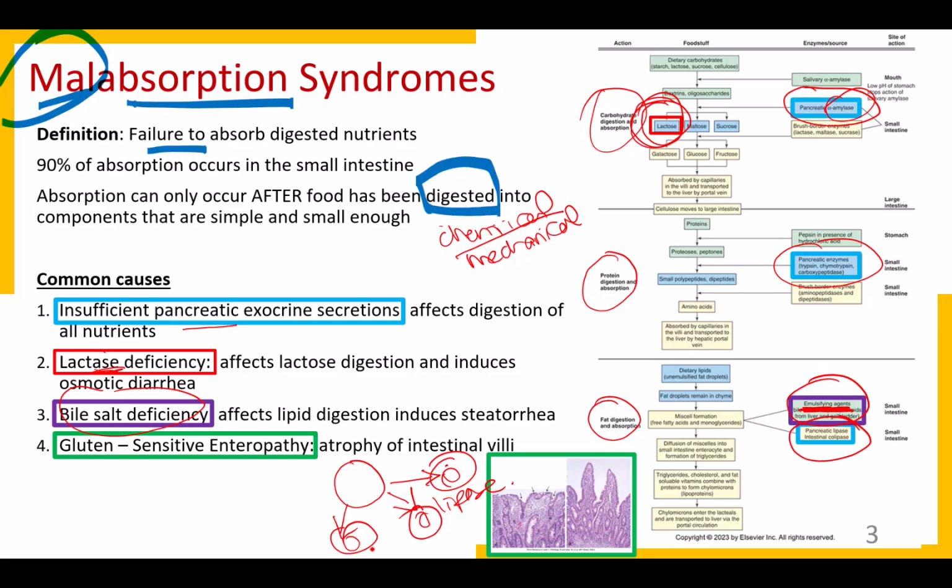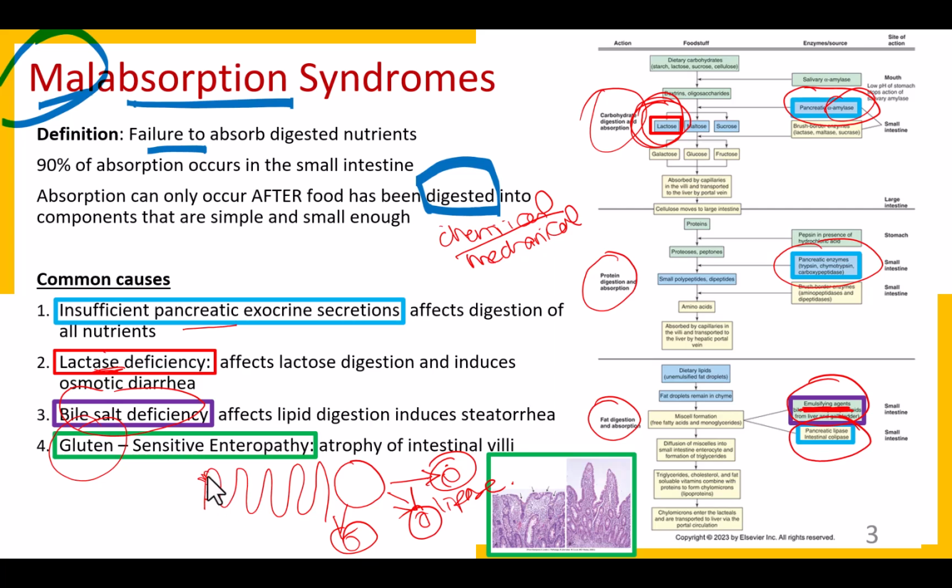Fourth thing is gluten-sensitive enteropathy. So again, it's sensitivity to gluten that's found in a lot of wheat products, and it causes the intestinal villi to atrophy, to die off. And if you remember, in the small intestine, you've got these villi, which increase the surface area of the small intestine. And with the increase of the surface area of the intestine, you have these enterocytes, and you have this microvilli.